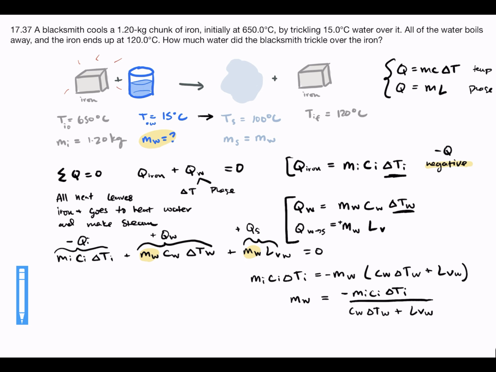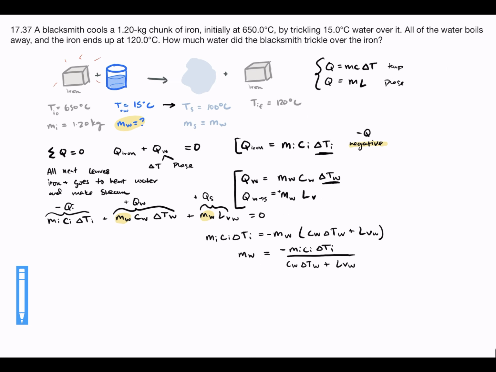Okay, all right, we can plug in our actual values. A couple of other things you want to remember, we can look these up: the specific heat of iron is 0.47 times 10 to the third joules per kilogram Kelvin.